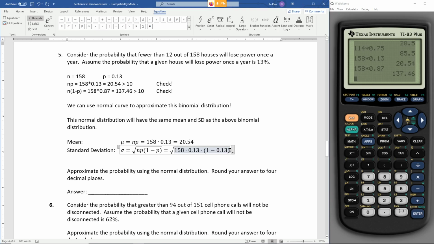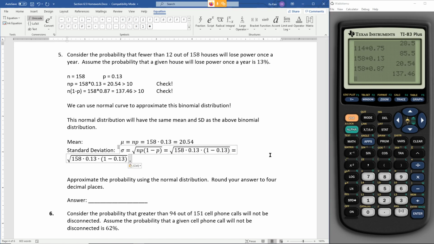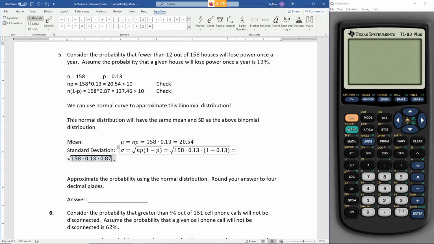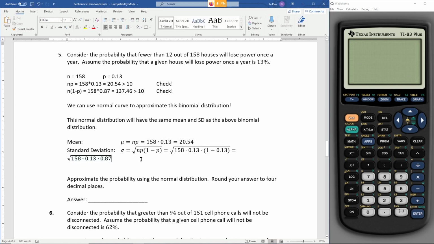So maybe I might as well just go and copy this. Just like this. Okay. So that should equal, let's use a calculator for this.